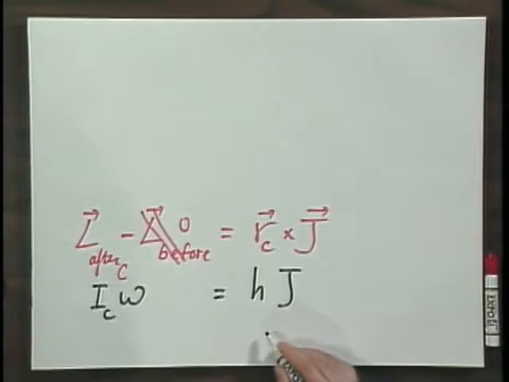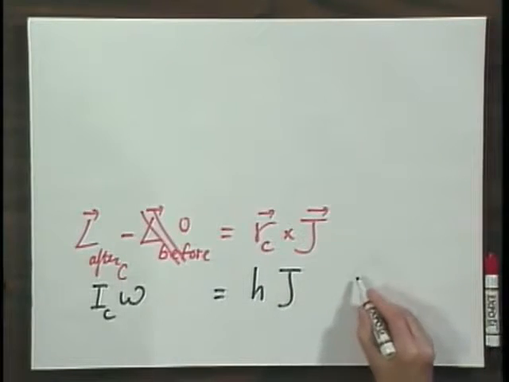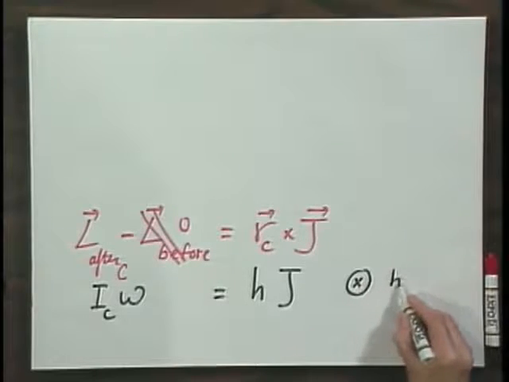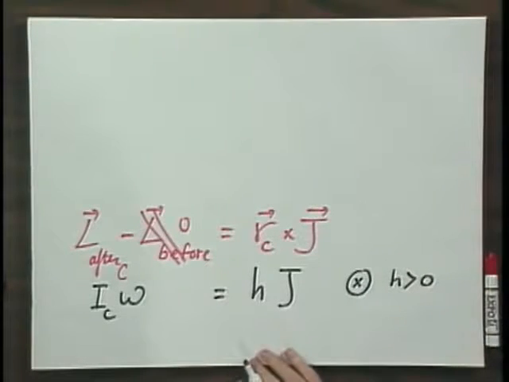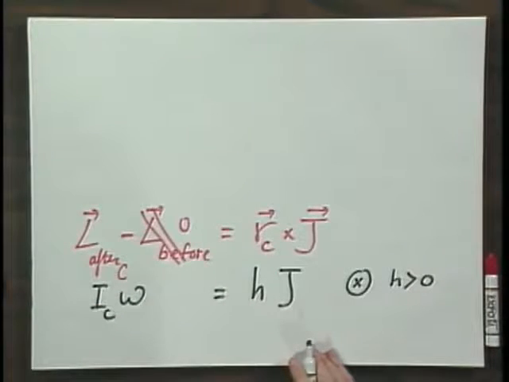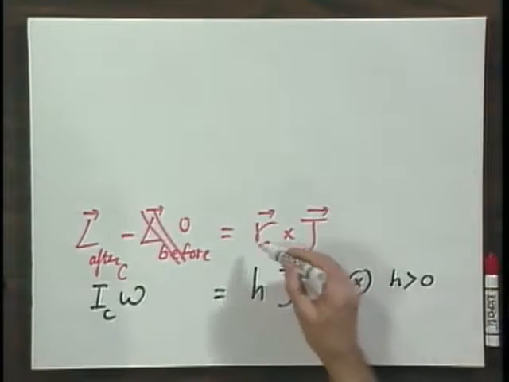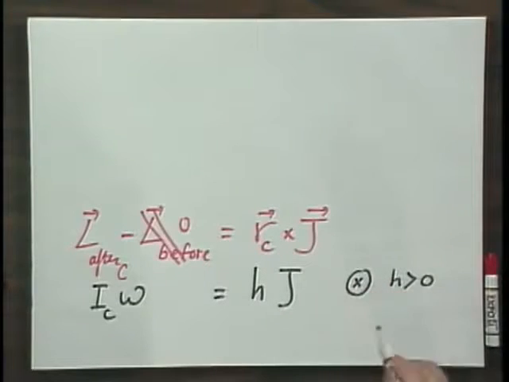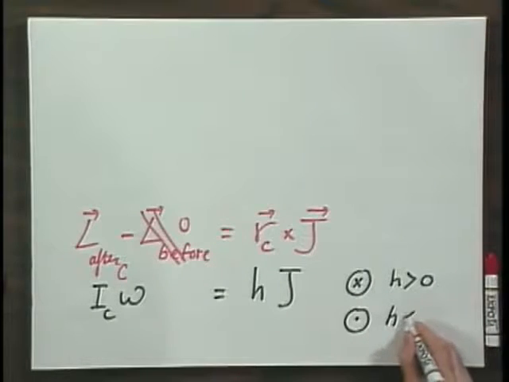The direction of this vector would be in the paper if h were larger than 0. The ball would start to rotate clockwise, and therefore the angular momentum and also this cross product is in the paper. That vector would be out of the paper if h were less than 0.